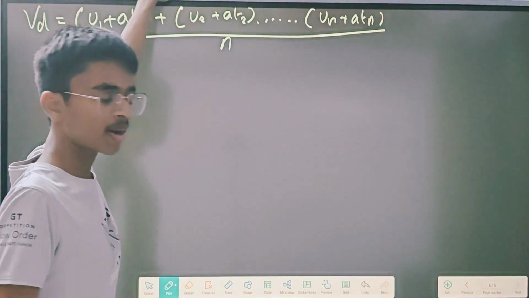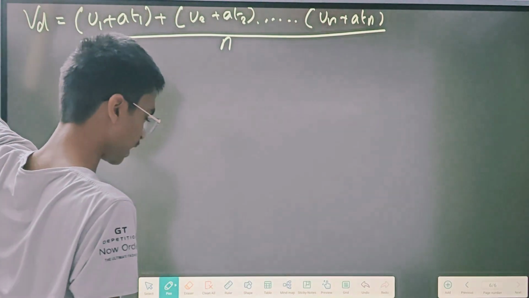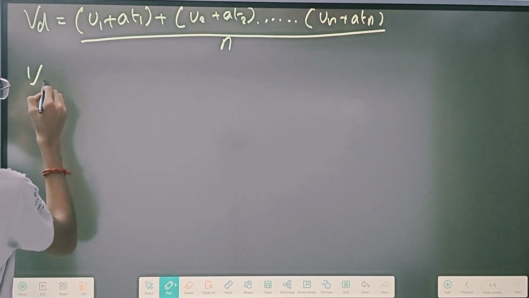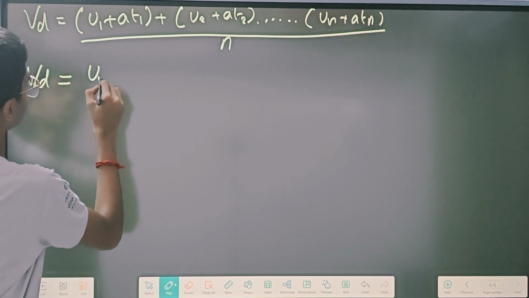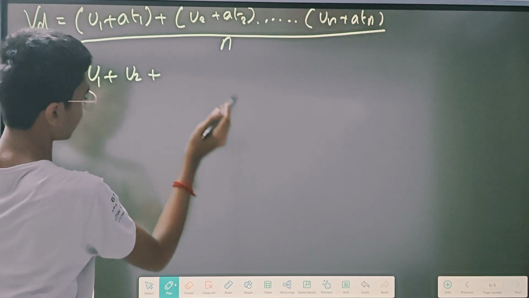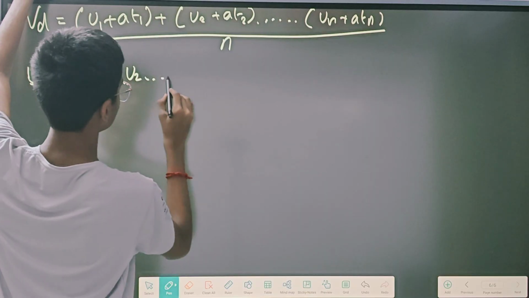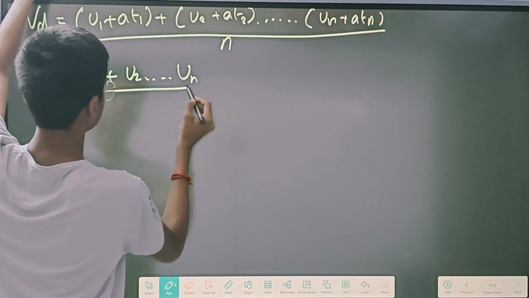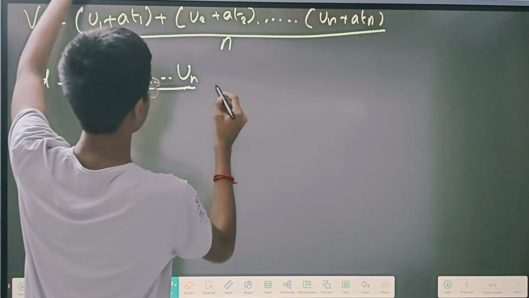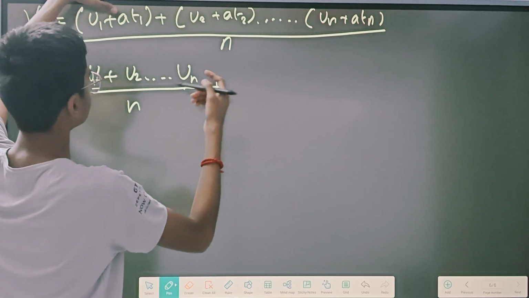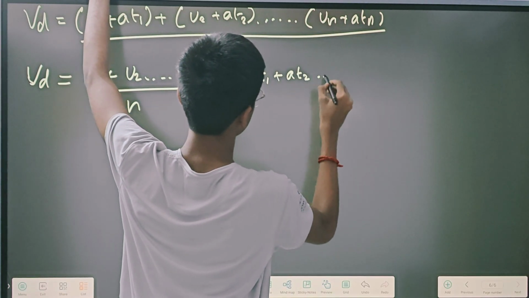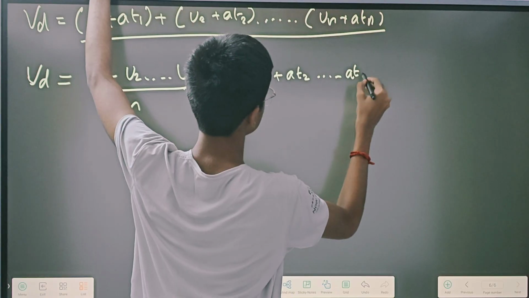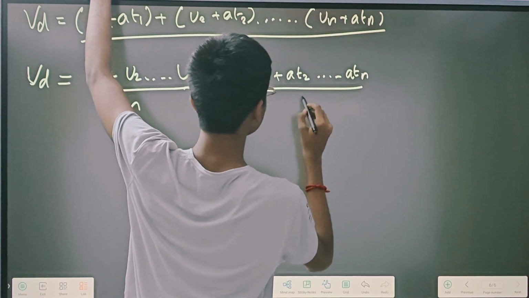So Vd is equal to U1 plus U2 and so on till Un, whole divided by n, plus At1 plus At2 and so on till Atn, whole divided by n.